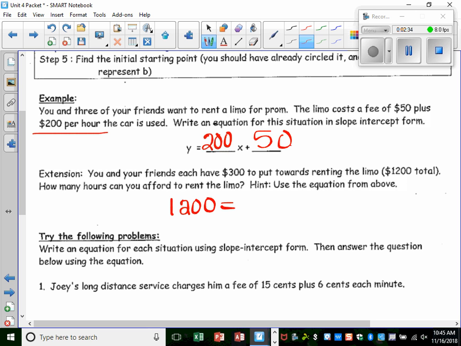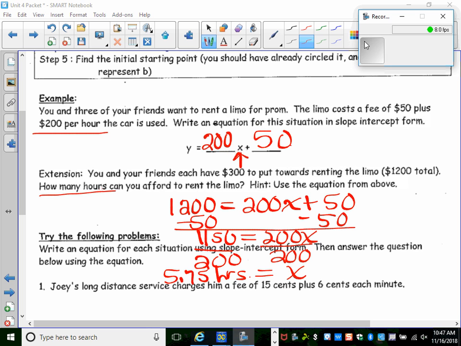We don't know how many hours, so we're going to be solving this equation for x. I'm going to have you go ahead and solve for x and tell me what you get. Just simply solving for x, you should get 5.75 hours, or if we wanted to put that in minutes and hours, we could say 5 hours and 45 minutes. But I'll also accept 5.75 hours.